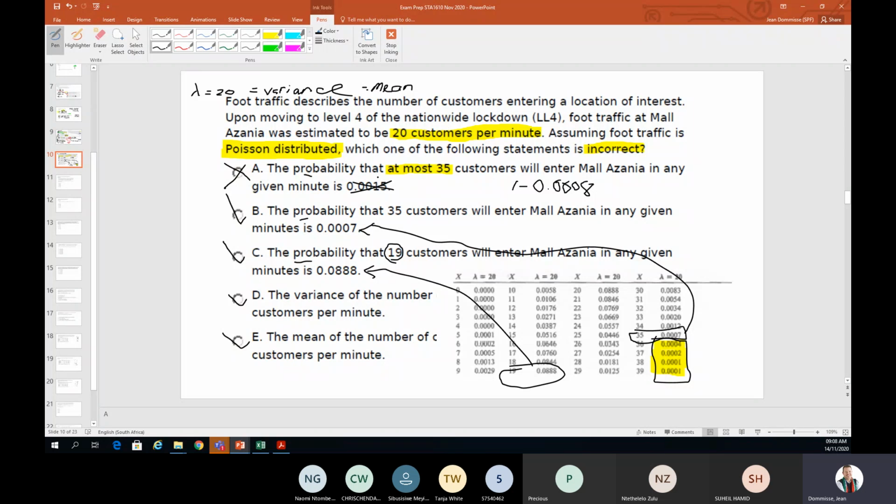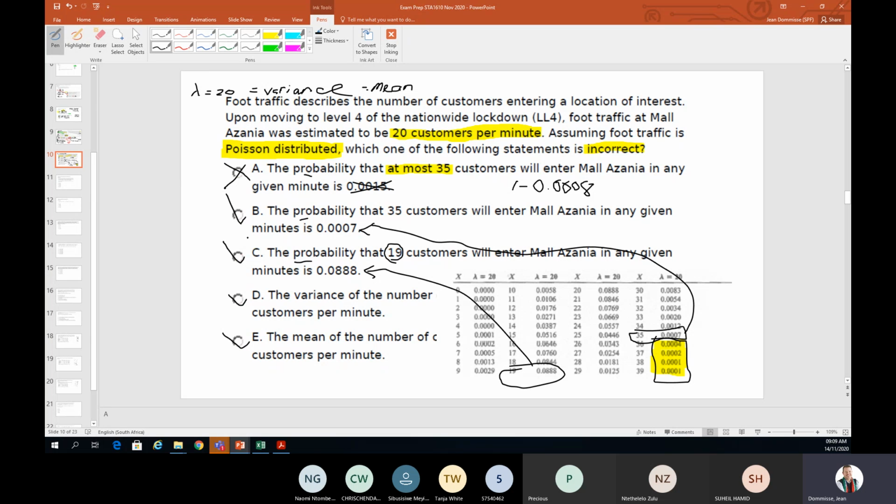Okay, so it is very important which one you would say is correct and incorrect. The at most means that the most will be 35, so you won't have 36, 37, 38, or 39. So it is 1 minus that group of individuals.